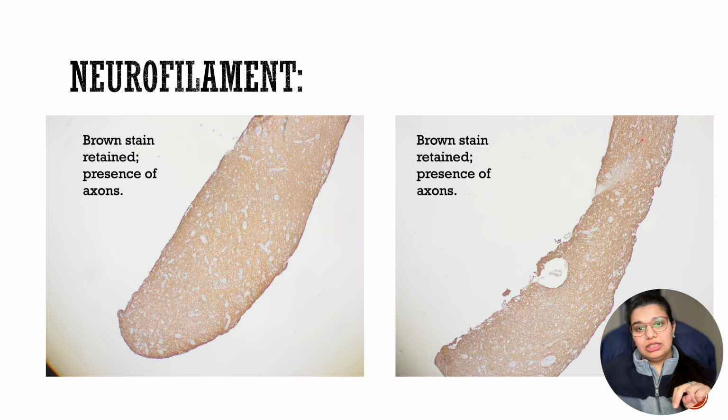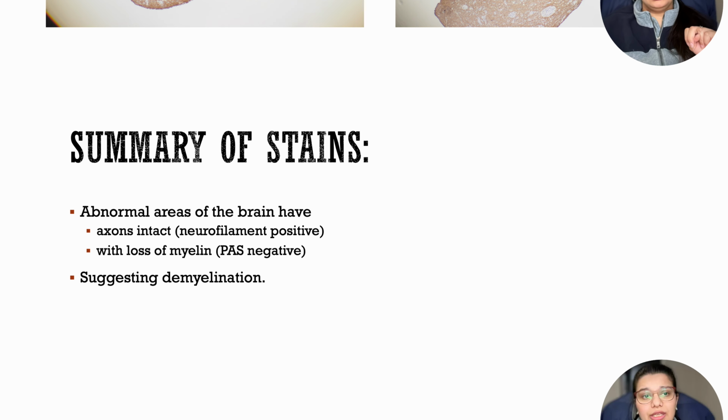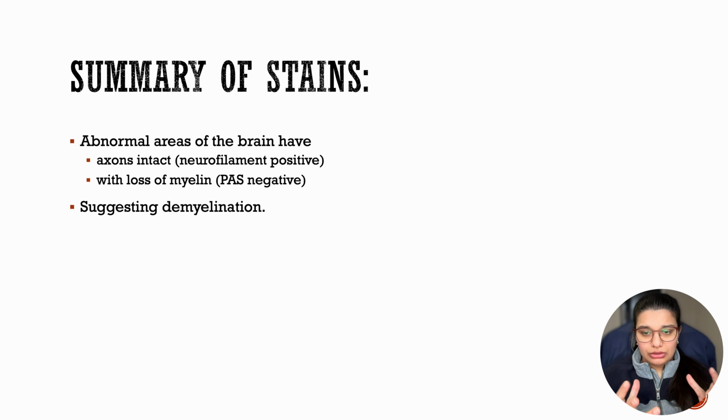And we see that in the abnormal area neurofilament is still present, brown stain is seen, and that means axons are present. So the summary of the two stains we did is that in the abnormal areas myelin is absent as PS is negative, but axons are intact because neurofilament is positive, which suggests that it's a demyelinating disorder.